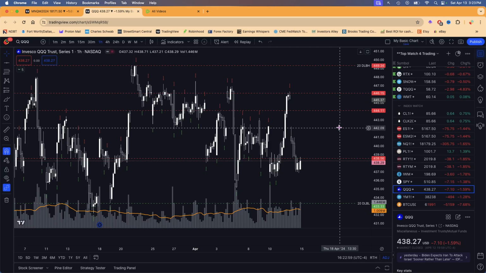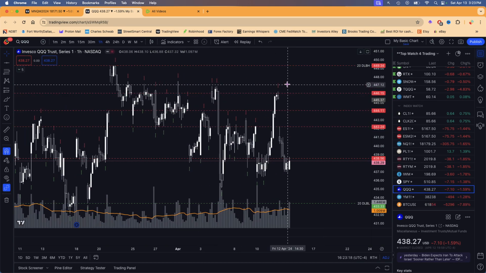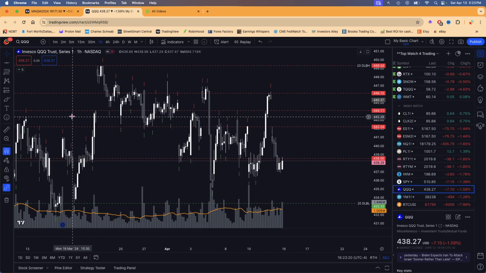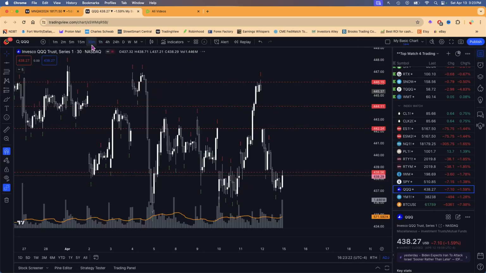And just a level down here. That's kind of a level 2 right there, that 442. These interior levels would be good for intraday trading. If I go down to a 13-minute, look how that 442 really shows up.